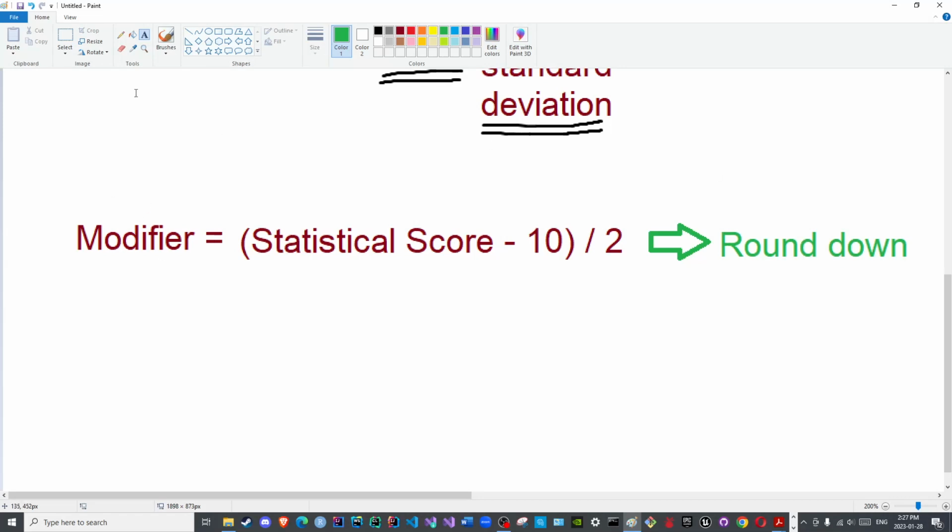So calculating the modifier, as you can see here, relies on the statistical score. So how do we calculate the statistical score?